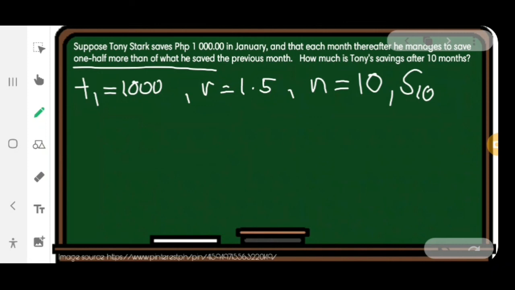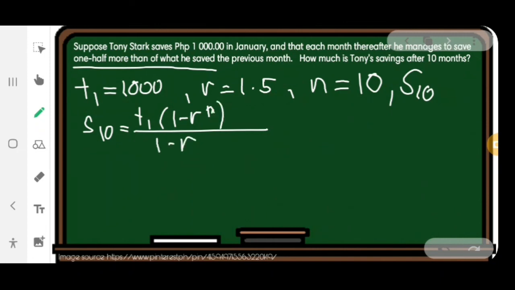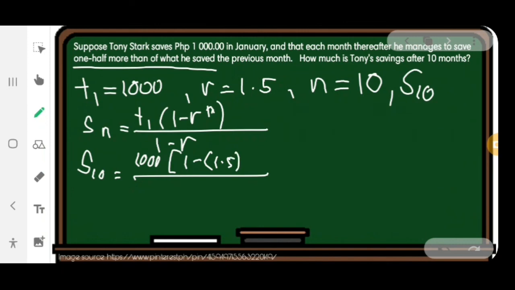So we have S sub n is equal to t sub 1 times 1 minus r raised to n over 1 minus r. Then S sub 10 is equal to 1,000 times 1 minus 1.5 raised to 10 over 1 minus 1.5.